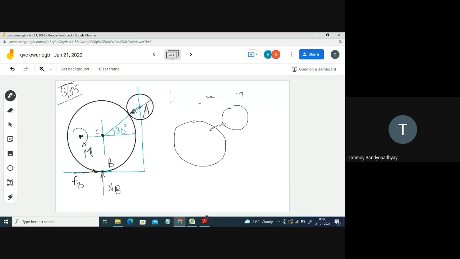So let RA be the reaction force, so this is the point A. Let me just eliminate this sphere totally. So here you are actually having the reaction force RA.